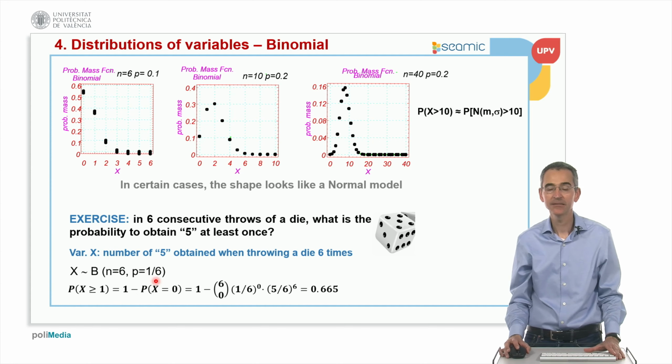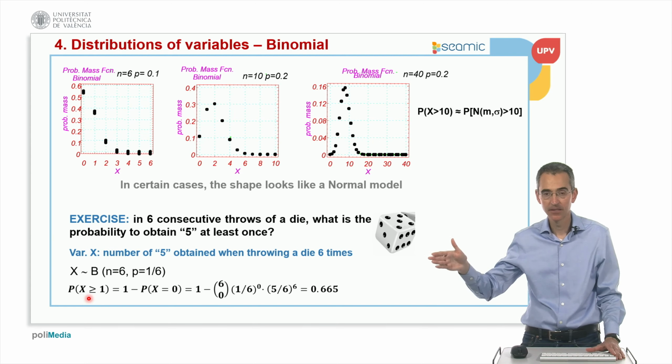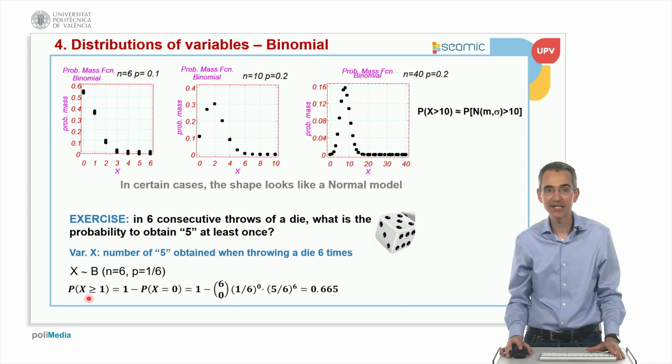Then you have to think that the question that is asked is actually the probability that this random variable is higher or equal to 1. It means to be 1, 2, 3, 4, 5, and 6. So we could apply the probability function that I explained in the previous slides, that number of times from 1 to 6.